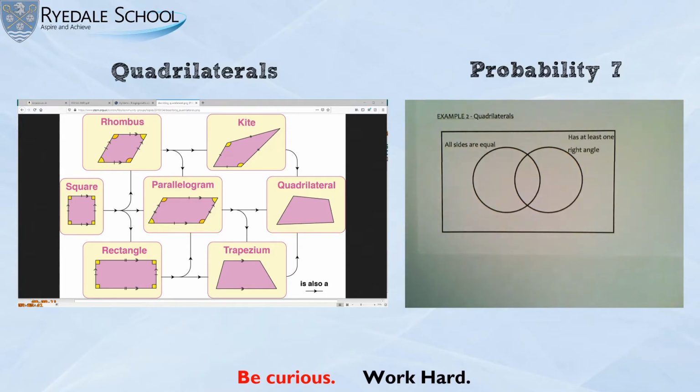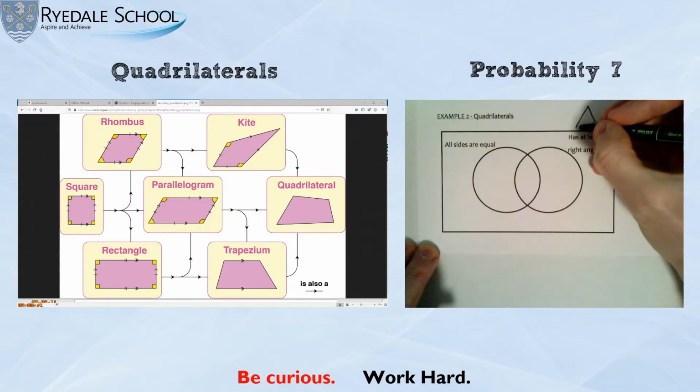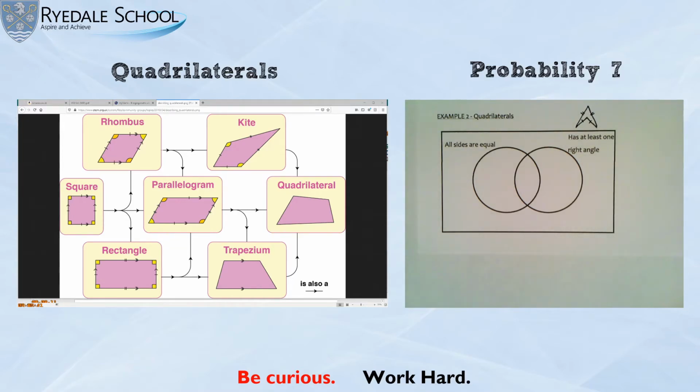So, for example, if you come across the word trapezoid, that is the American version of what we call a trapezium. Okay, so if you're interested, the one that's missing is a shape that's called an arrowhead or a delta, and it looks like that. So I might need to refer to that one in a moment.